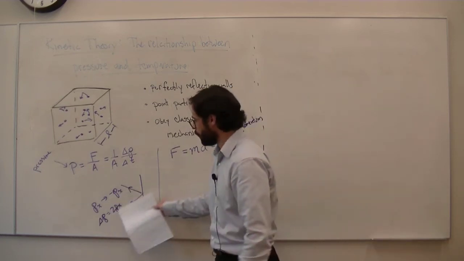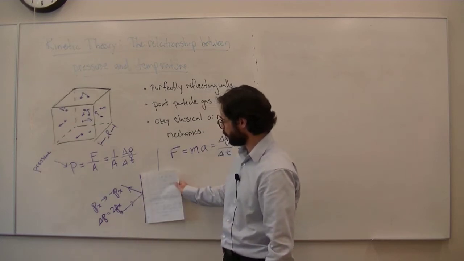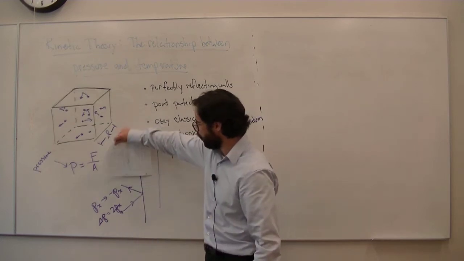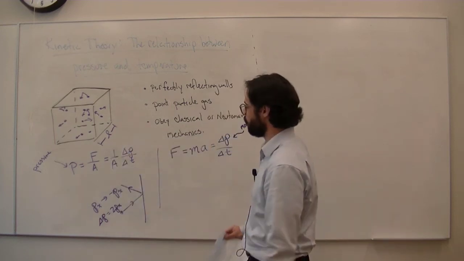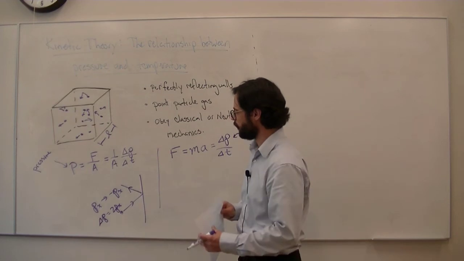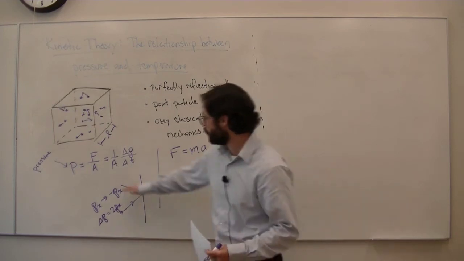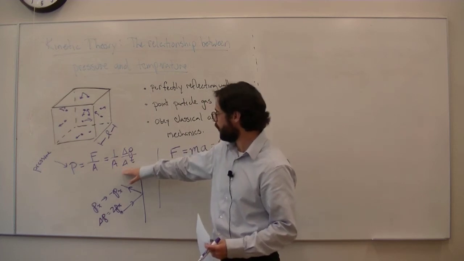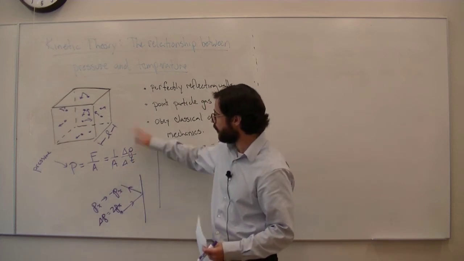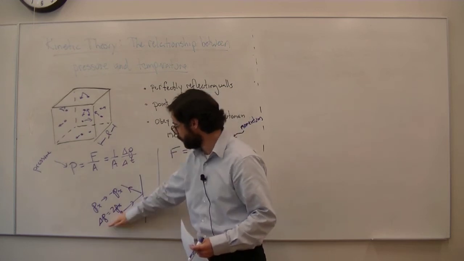So every time we bounce off a wall, if it's this wall with the x normal, we get 2px. If it's the top wall with the y normal, we get 2py. And eventually we'll just say there's no preferred direction, so there's nothing special about the x direction. So far this is looking really good. We just want to calculate pressure. We know the area is L squared if we need it. We know that delta p, every time we collide with a wall, is 2px.